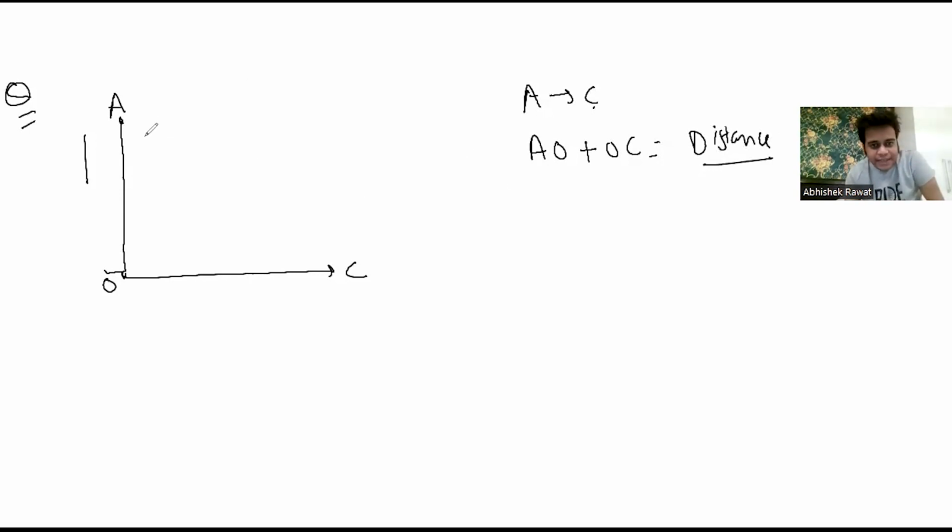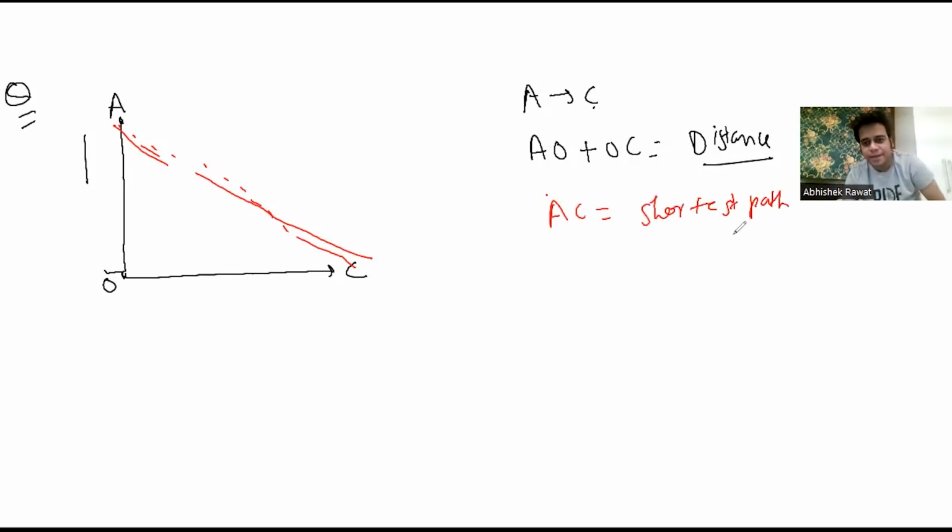Now, if I join this and take the path AC, AC is the shortest path. So we can say that it's the displacement.